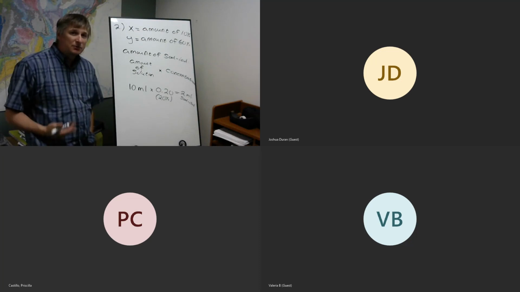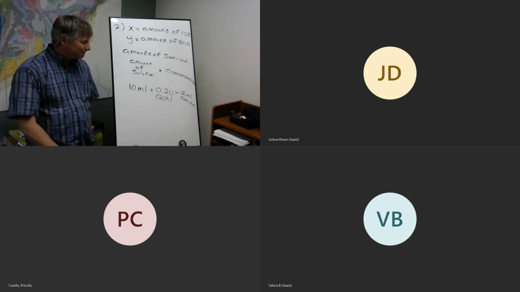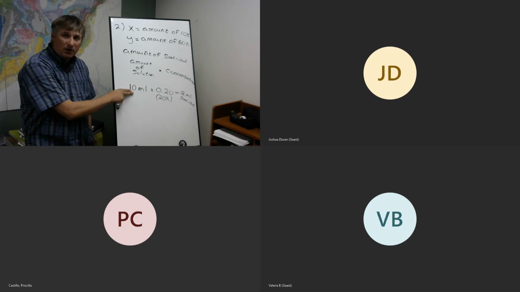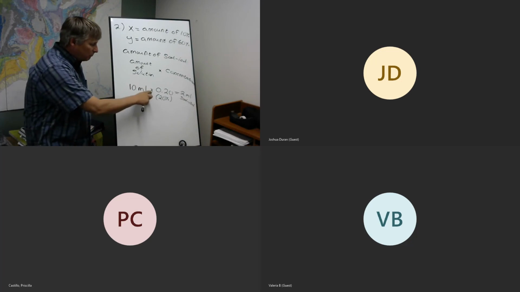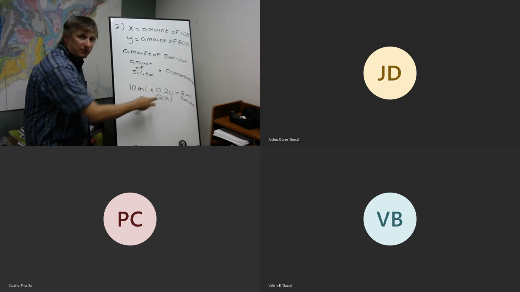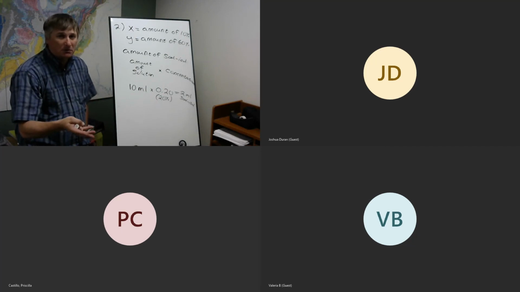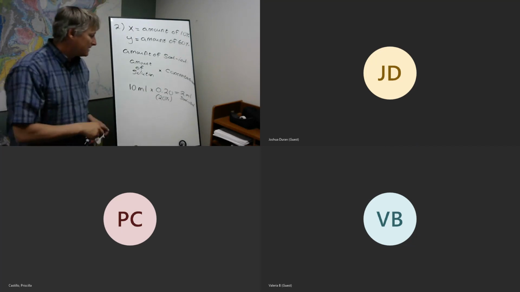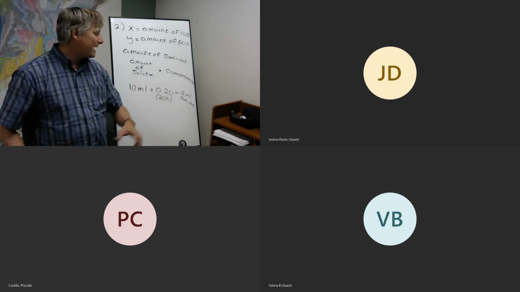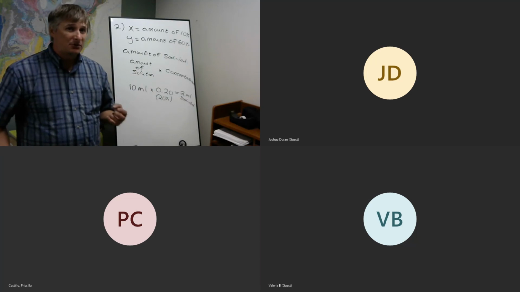So we can get the amount of sodium iodide back. We take the total volume of our solution, multiply by the concentration percent, turned into a decimal, and that'll give us the amount of sodium iodide in that solution.